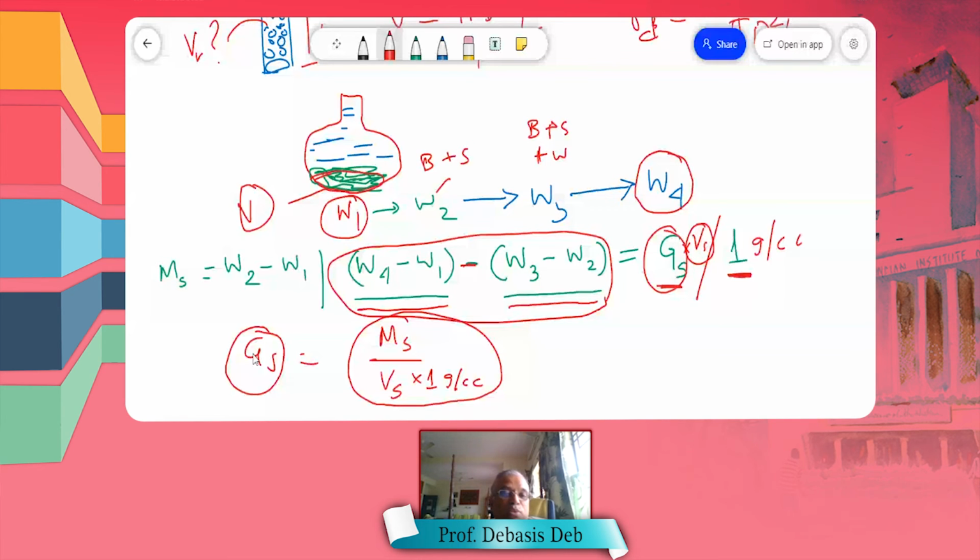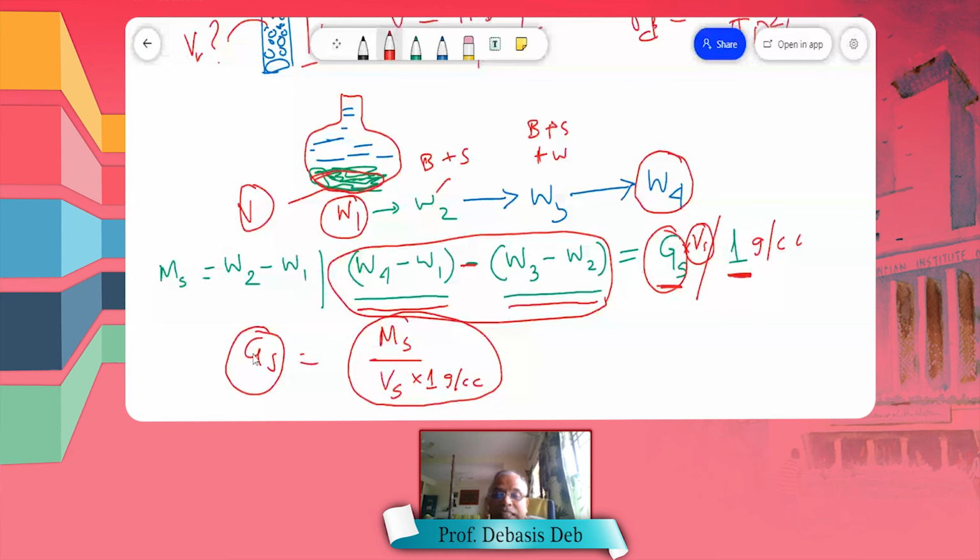So W2 minus W1 definitely is the solid, which is my Ms if you are doing it in mass in gram. So that I already know. And then W3 minus W2 is the space where, other than the solid volume, the water is there. And W4 minus W1 is the total water volume. So when I subtract, I get the volume it has occupied in that Vs space.